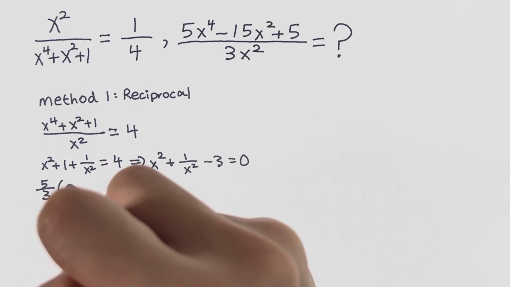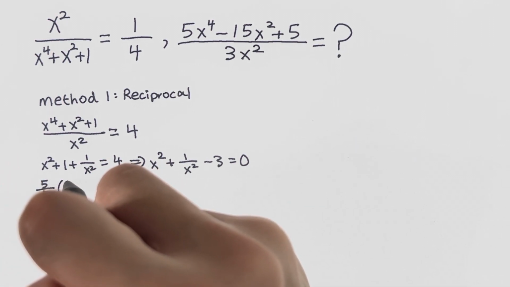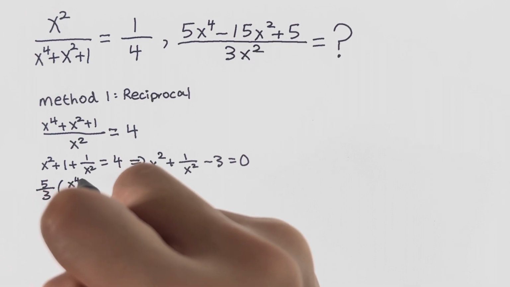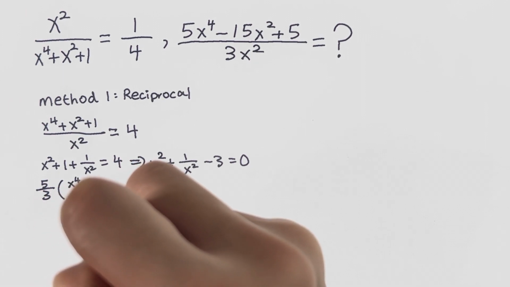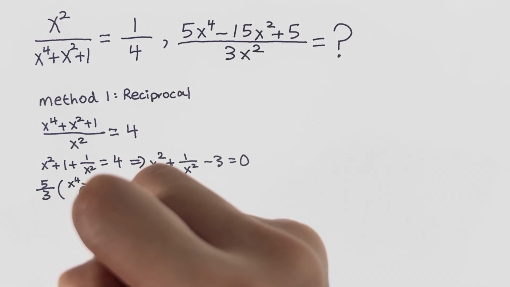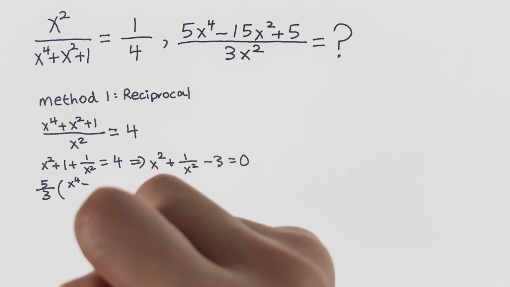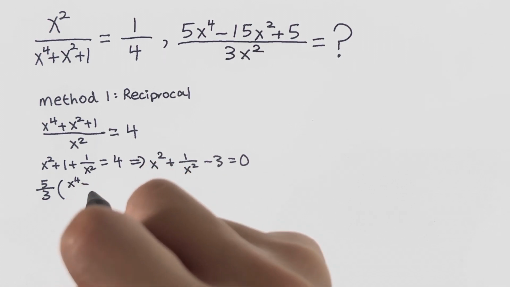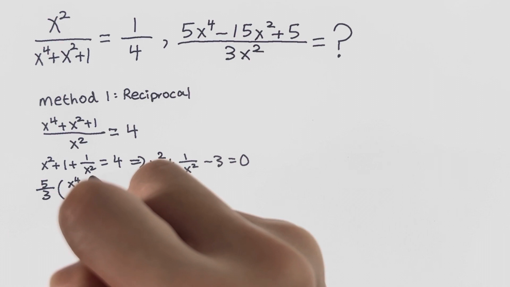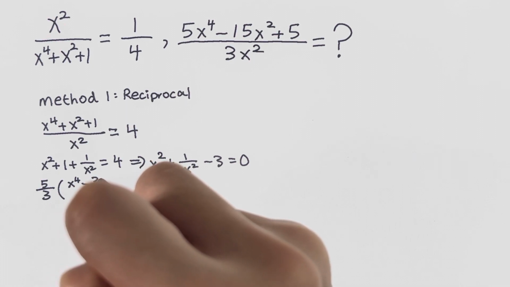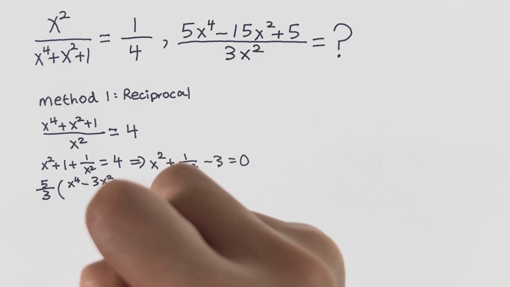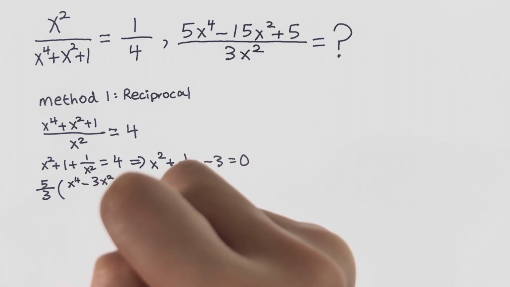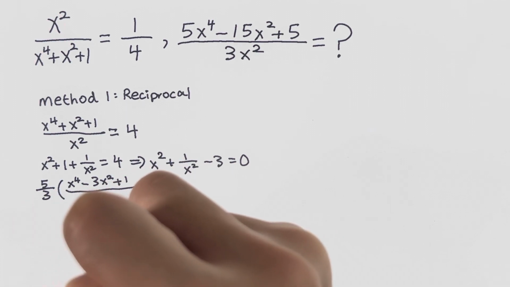So after factoring out 5 over 3, it will become x to the fourth power minus 3x squared plus 1, divided by x squared.